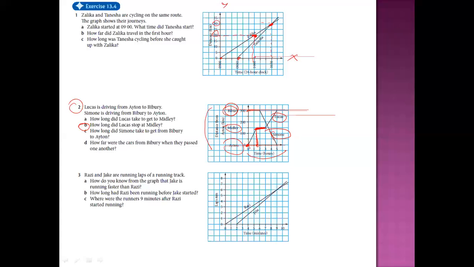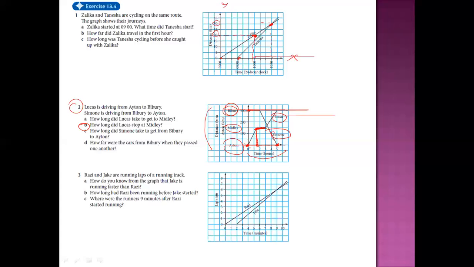We have time from 0 to 5 hours, and the distance from Bibury to Iton is 300 kilometers, and Simon travels 300 kilometers in 5 hours. So Simon arrived from Bibury to Iton in 5 hours.